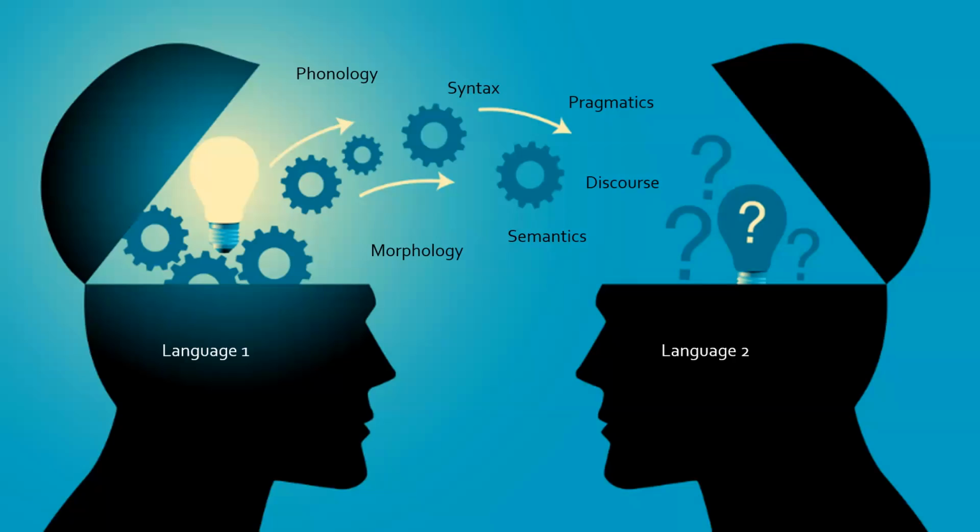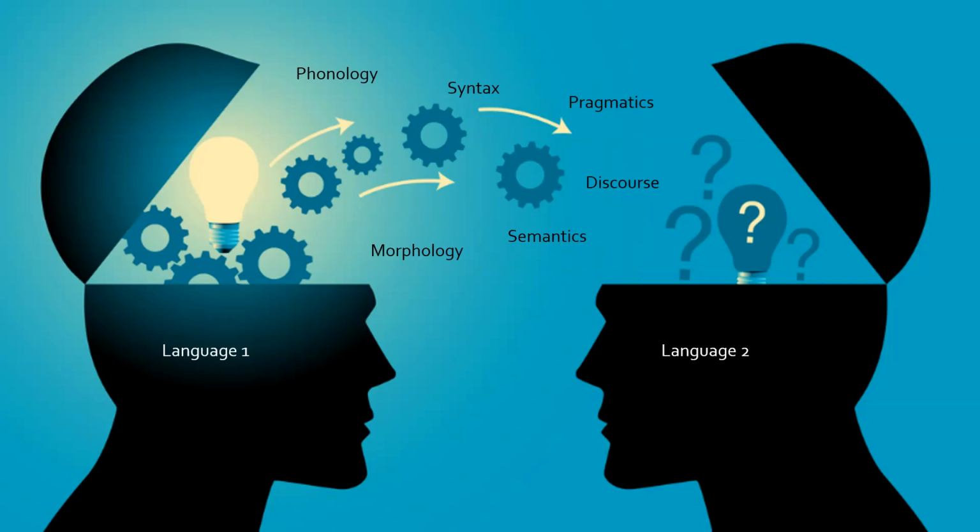A student's knowledge of phonology, morphology, syntax, semantics, pragmatics, and discourse in their own language can help them learn language 2 because they can see similarities and differences and apply them. Likewise, a teacher can help a student to see similarities and differences and scaffold in that way.